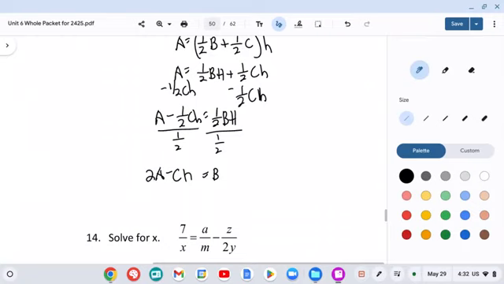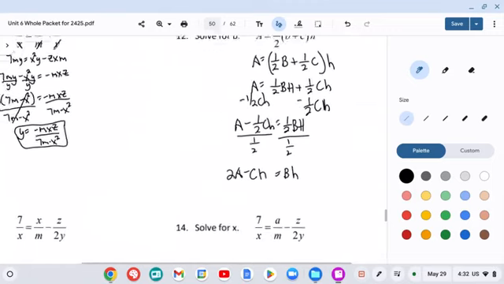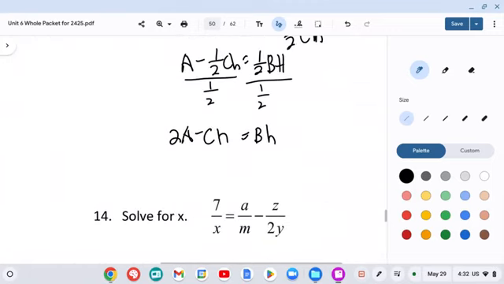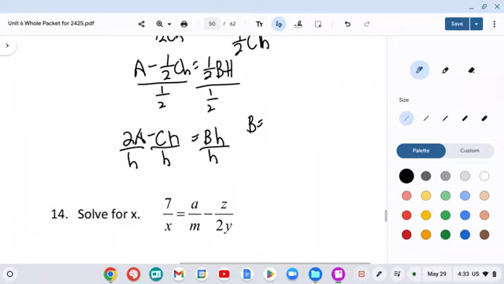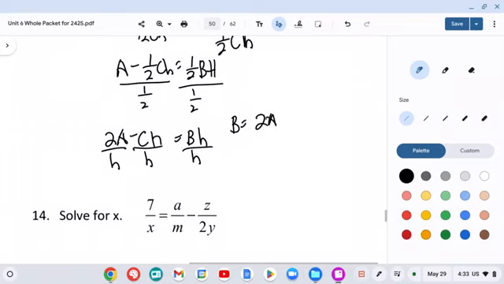Back to this. It's lowercase. And then to get, what did it want? B by itself. I would just divide both sides by h. So I'm going to divide everything by h. So in the end, I have b equals 2a over h minus, and then those h's cancel, it'd just be c. So that'd be your answer for that one.